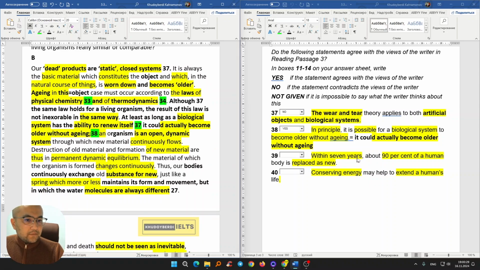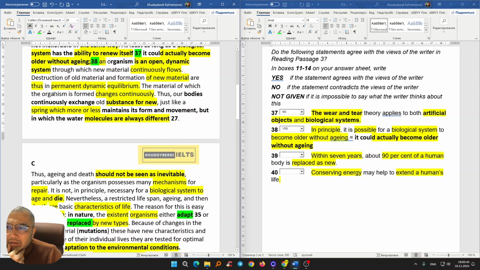And within 7 years, about 90% of the human body is replaced as new. 90%? Do we have numbers here? I don't think so. The text says new material is thus permanent, dynamic, continuously changing.